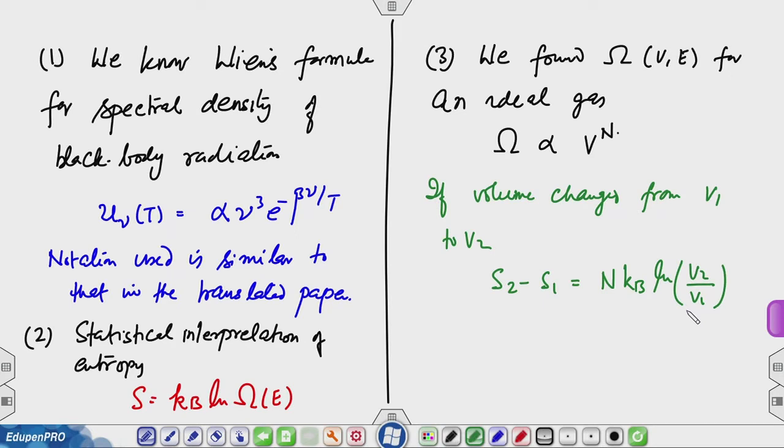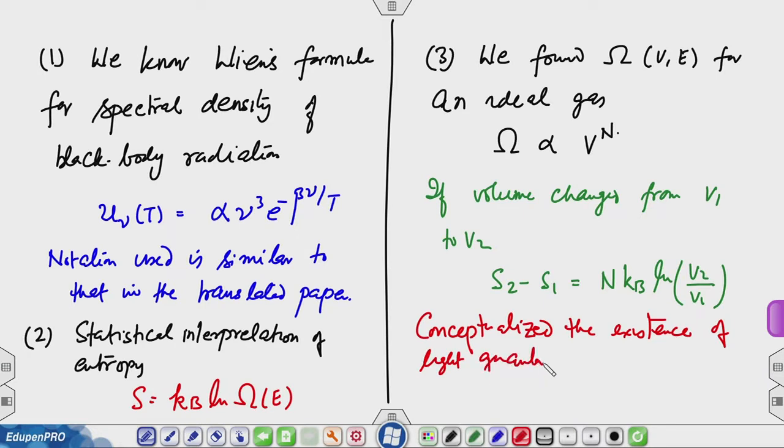With this, now we are ready to discuss Einstein's presentation, and what he did was he conceptualized the existence of light quanta by comparison with an ideal gas, but that would have been just a theoretical thing to do.